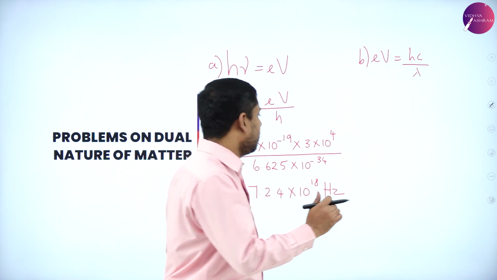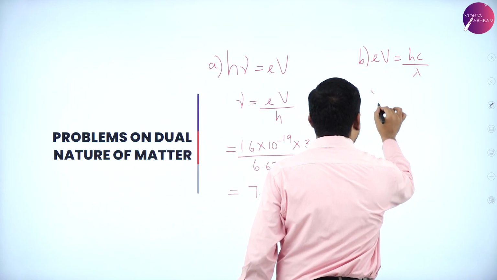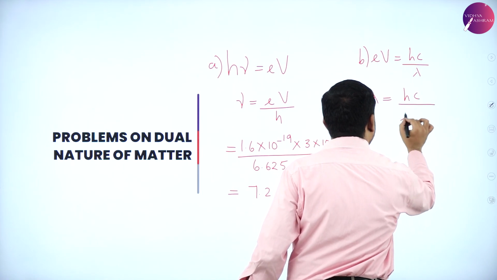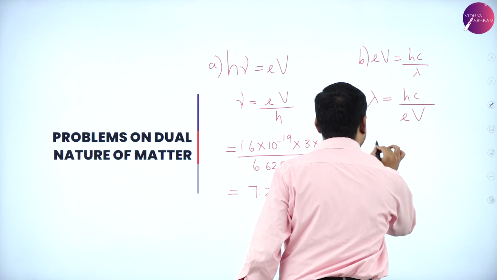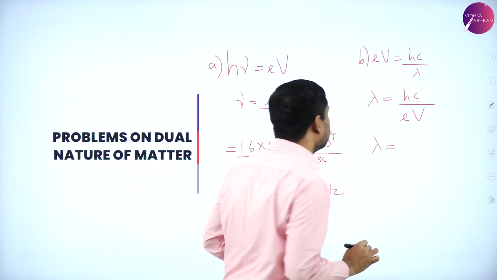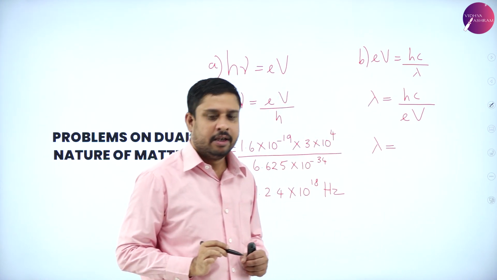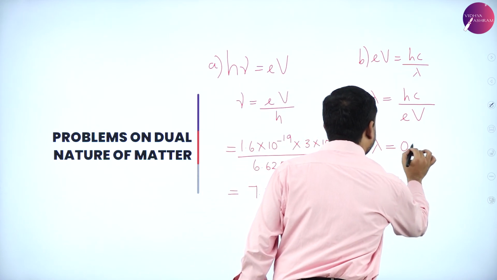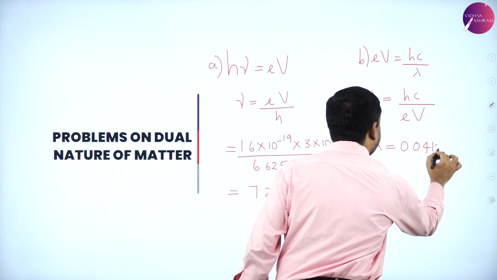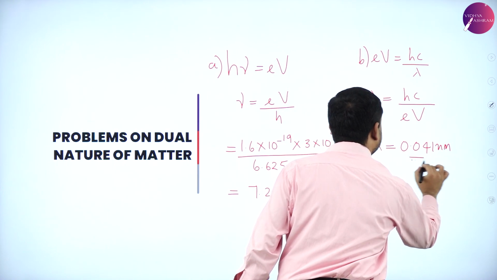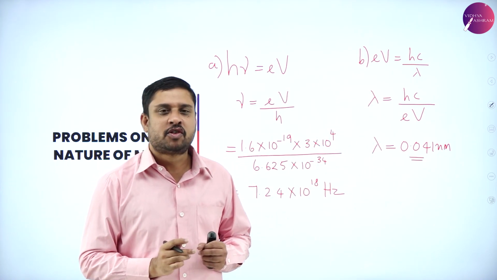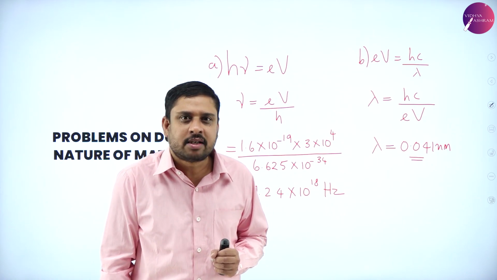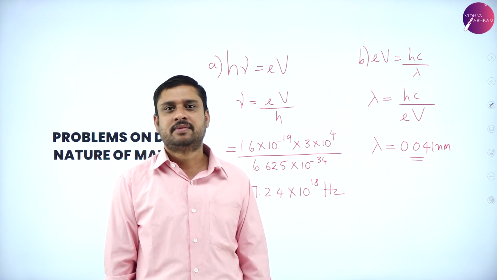Simple. So this lambda is hc by eV. So again on substitution, we turn out to be 0.041 nanometers. So if you see, just relations, no quantum calculations.